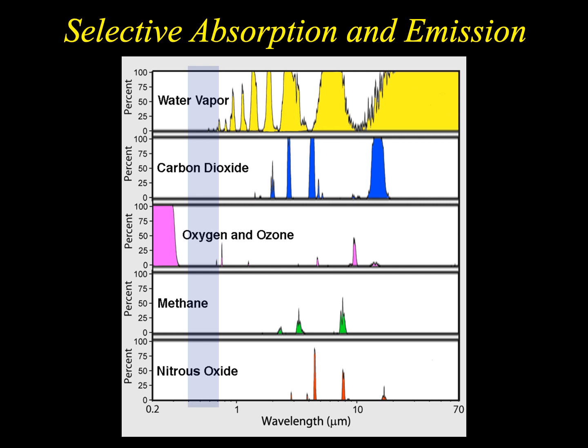The gray area there represents visible light, so we can see that for the visible spectrum, there isn't any absorption, selective absorption, or emission, pretty much, by the substances of water vapor, carbon dioxide, oxygen and ozone, methane, and nitrous oxide. But you can see in the long wave bands, carbon dioxide and water vapor play a very important role in having the ability to absorb these wavelengths, either coming from the Earth's surface or from the sun.